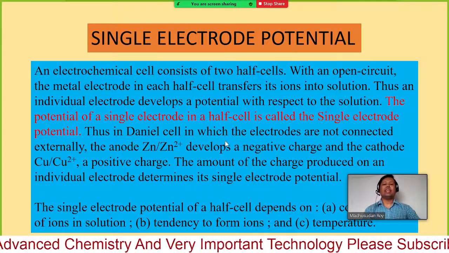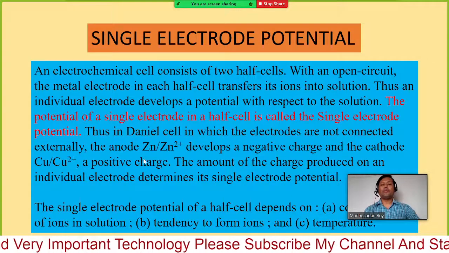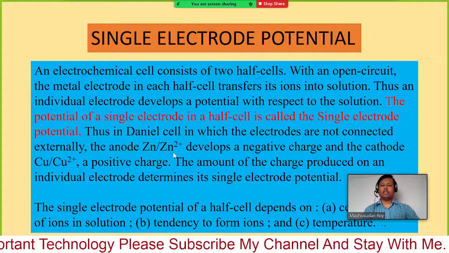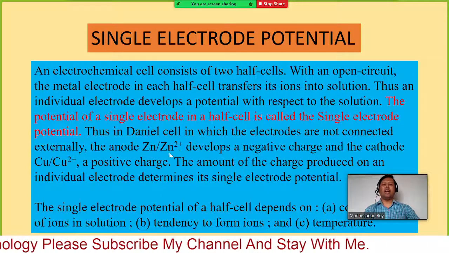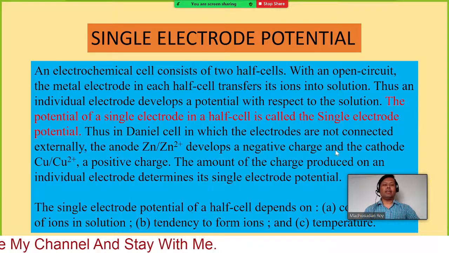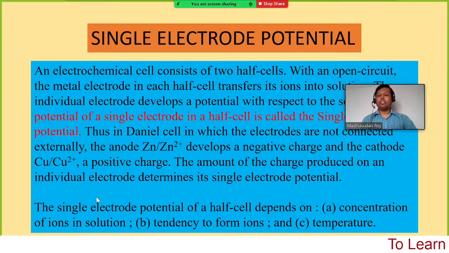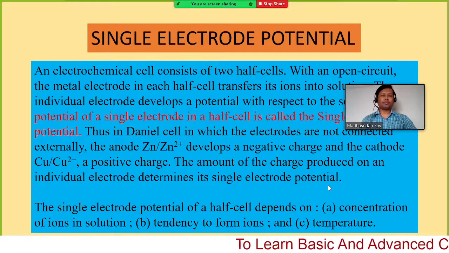Thus in the Daniell cell, in which the electrodes are not connected externally, the anode zinc electrode and zinc ion, or electrode and electrolyte, develops a negative charge and the cathode copper 2 plus a positive charge. The amount of the charge produced on an individual electrode determines its single electrode potential.